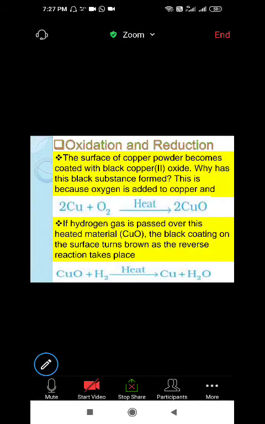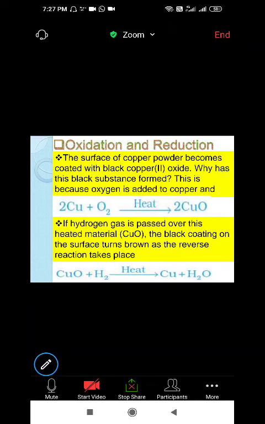It simply says that in an oxidation reaction, if oxygen is getting added or hydrogen is removed, then it is known as an oxidation reaction. Either of these is possible.